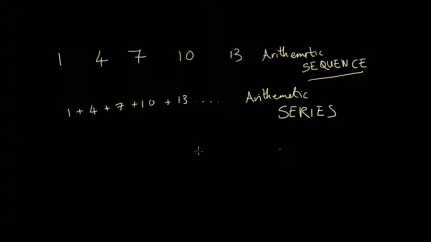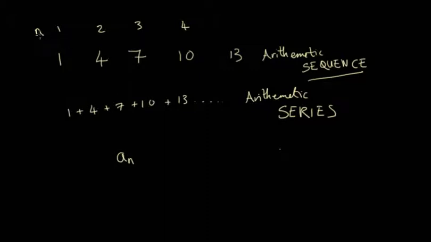We learnt last time the general rule for an arithmetic sequence. This is n, the term number, so this is term 1, term 2, term 3, term 4. I'm going to call the term an.